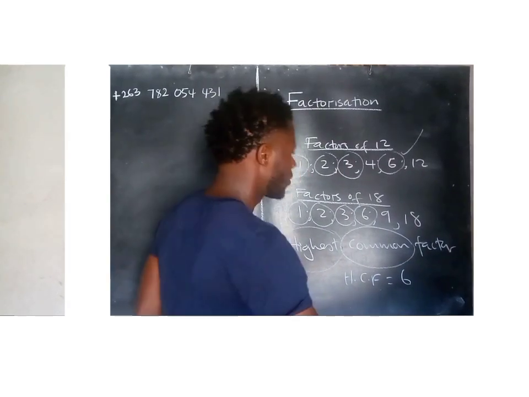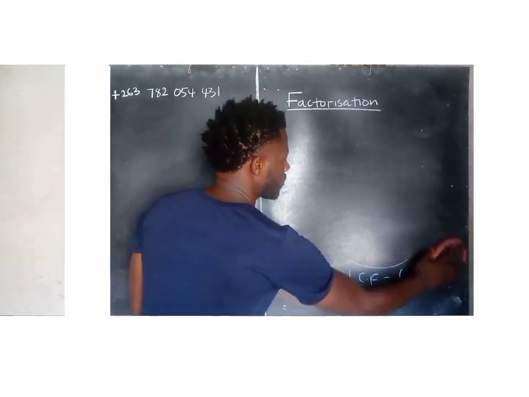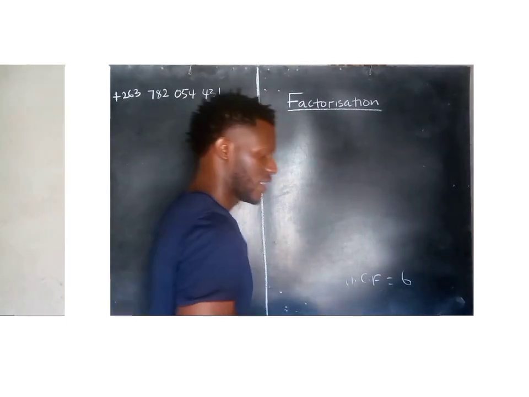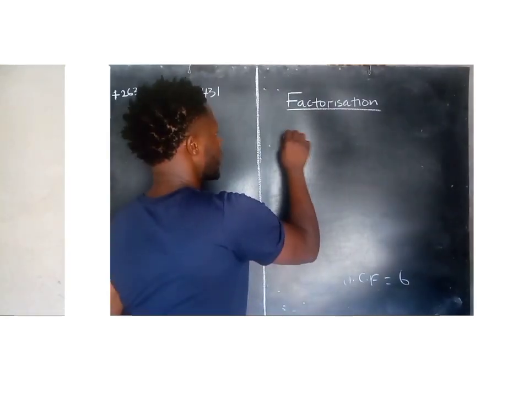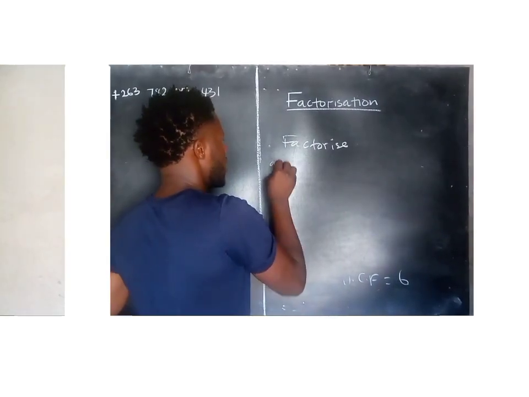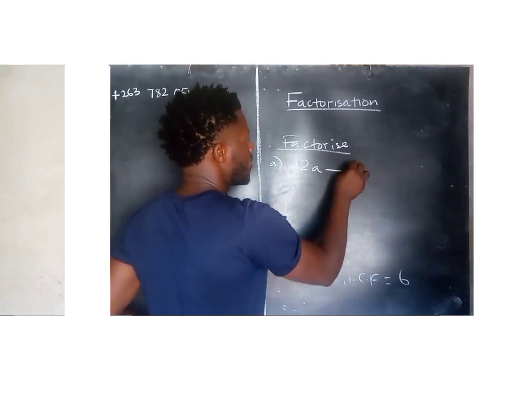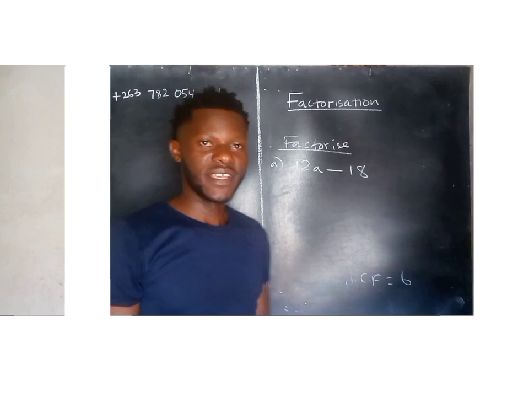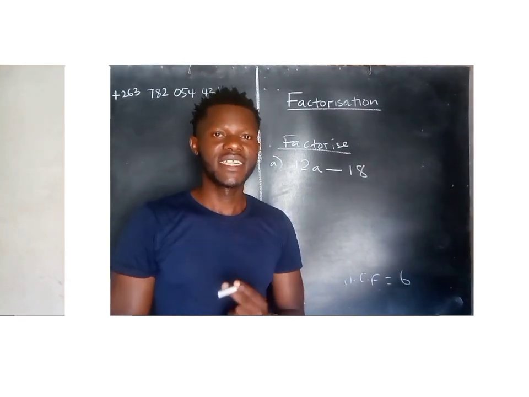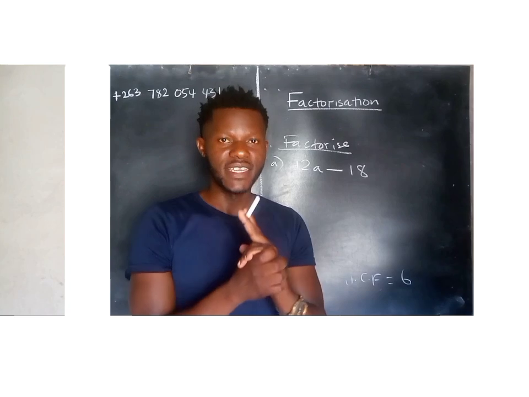So when it comes to factorization, we might have situations like this. Factorize 12a minus 18. When they say factorize 12a minus 18, they mean identify the highest common factor of 12 and 18.